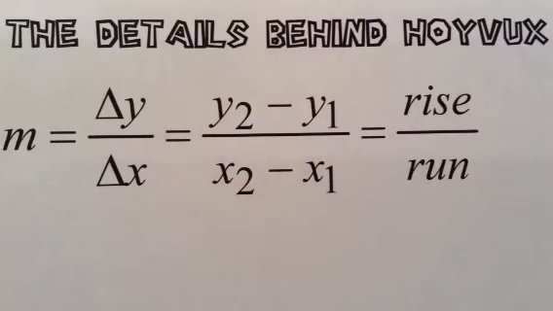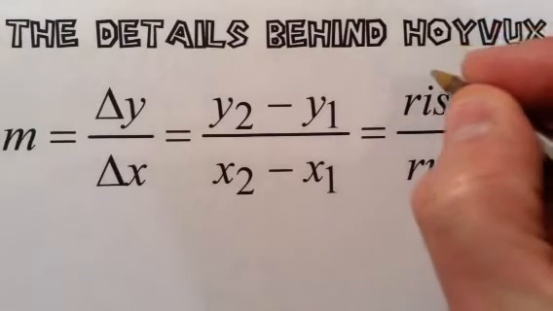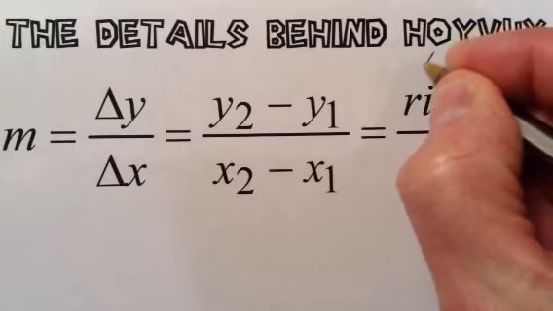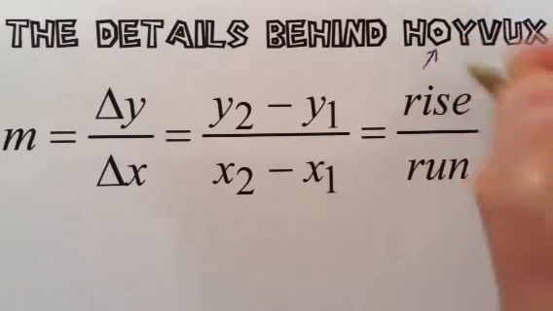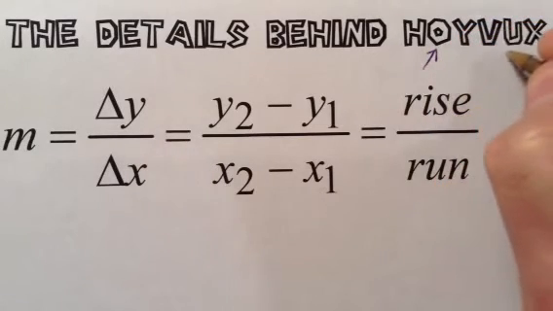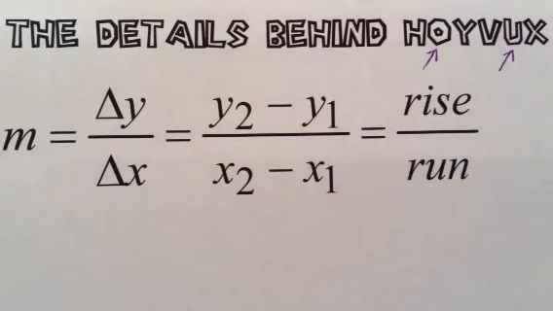But ultimately we know that is rise over run. And I want to talk about what the slopes are in HOVUX. The slopes are zero for the horizontal and undefined for the vertical.